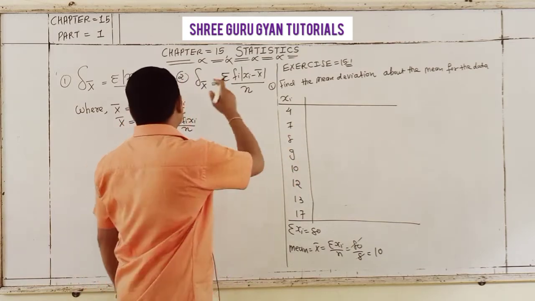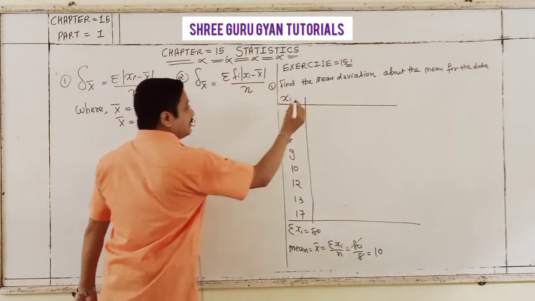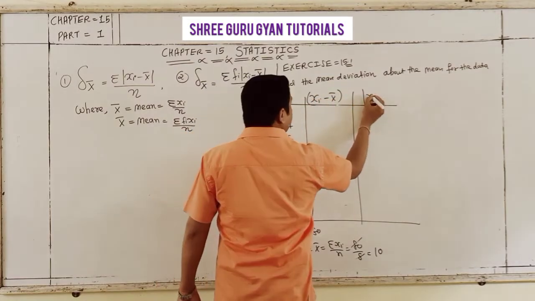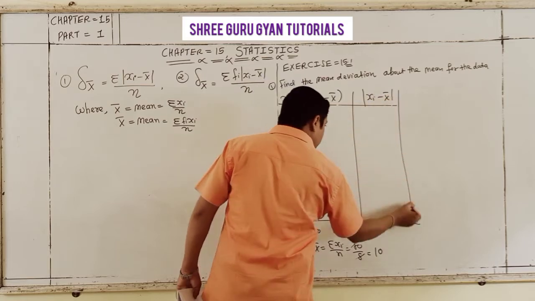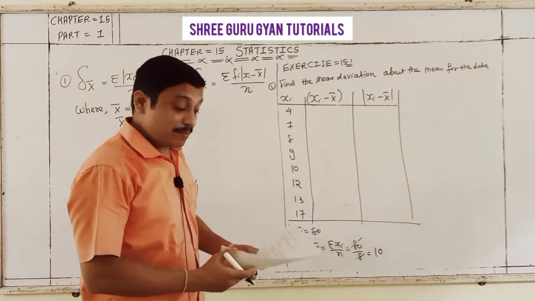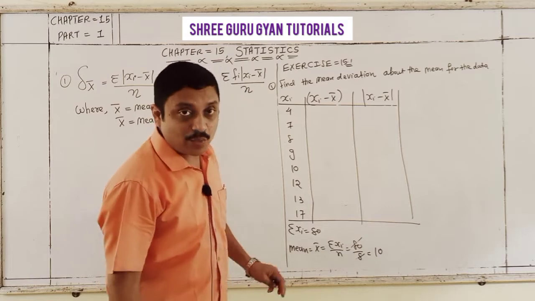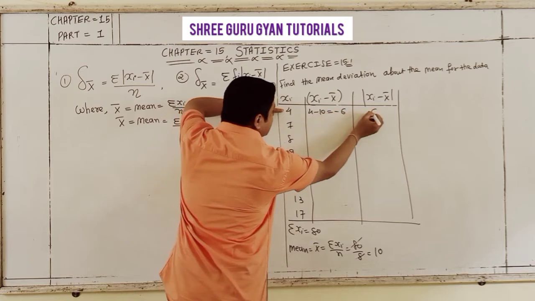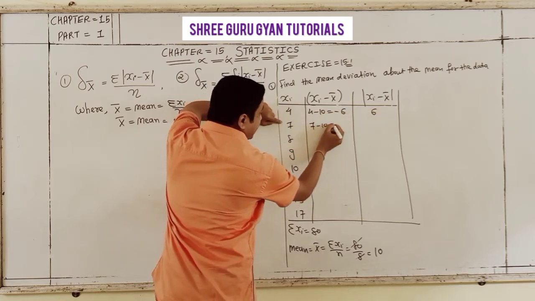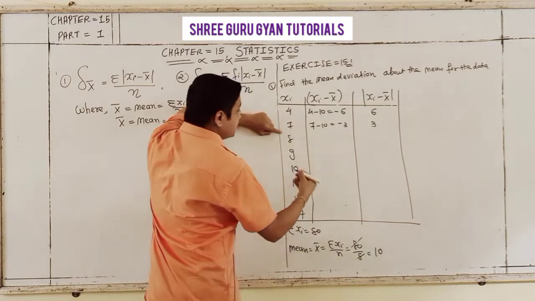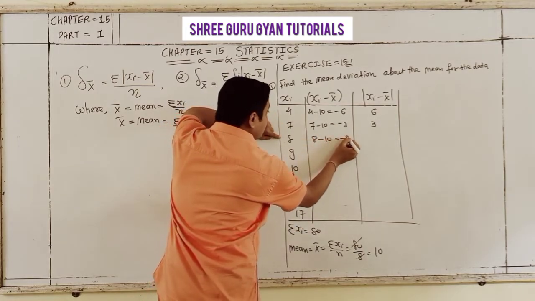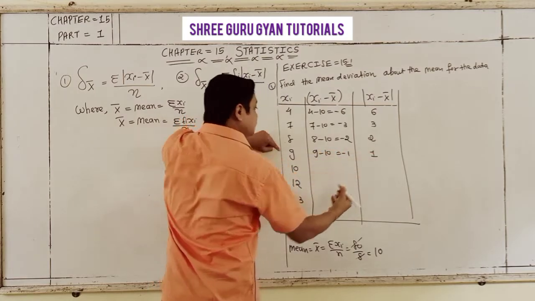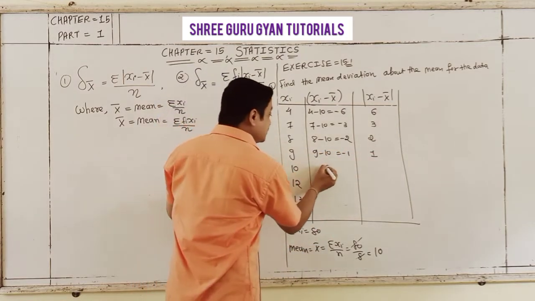Now I start with |xi minus x bar|, and students, it is the modulus value, I mean total positive values. Now xi minus x bar, students, you get the values. 4 minus 10 is minus 6, it gets 6. 7 minus 10 is minus 3, it gets 3. 8 minus 10 is minus 2, it is 2. 9 minus 10 is minus 1, it is 1. Now 10 minus 10, 0.